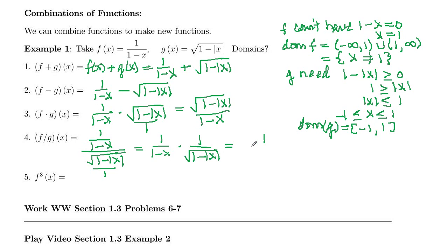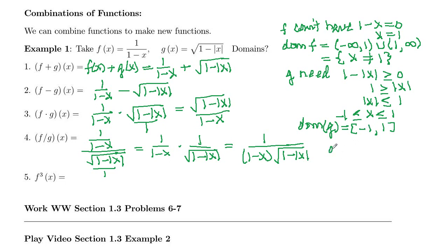And you can multiply straight across, and you'll get 1 minus x times root 1 minus absolute x, all in the denominator. Now this domain's a little bit different here. We can't have x equal 1, and then we can't have absolute x equal 1. So we have to kick out the 1 and the negative 1 here in the domain.